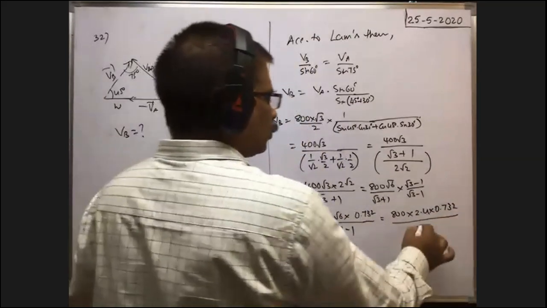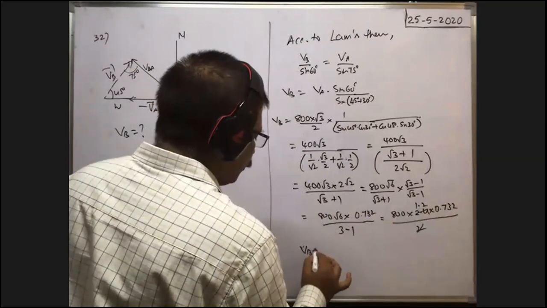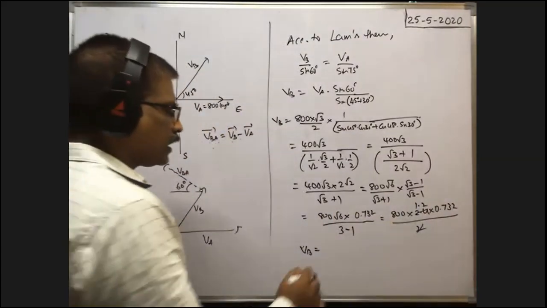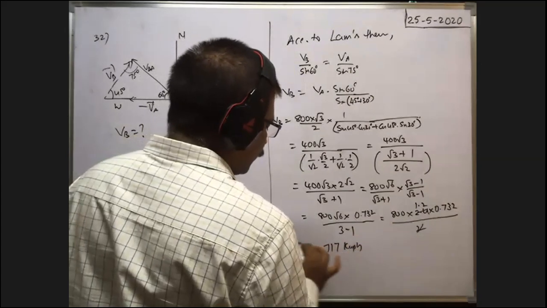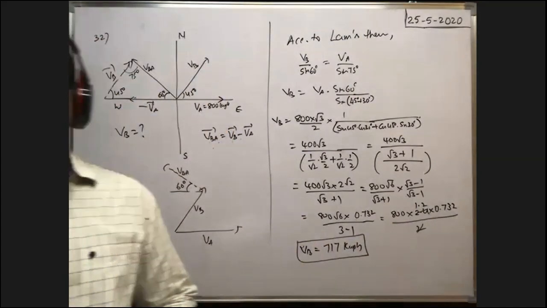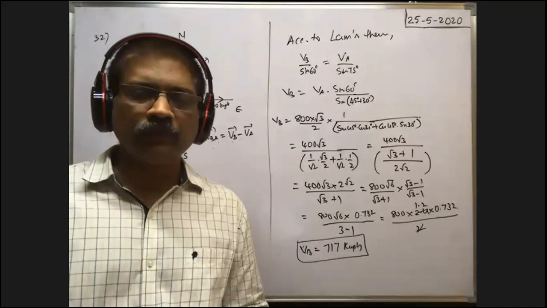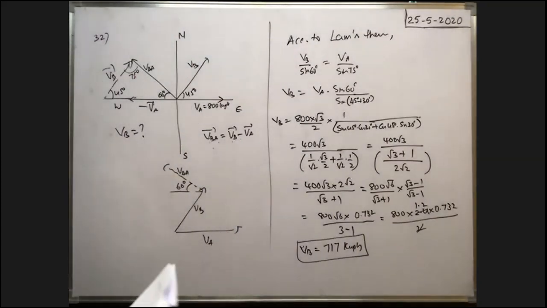If you simplify, approximately you will get nearly 717 kilometers per hour. You will get the answer like this. This is the answer. It is a good problem. Okay, no doubt. 717 kilometers per hour.